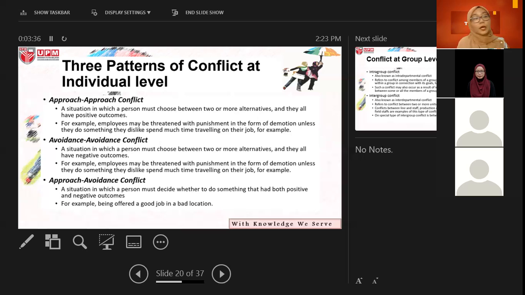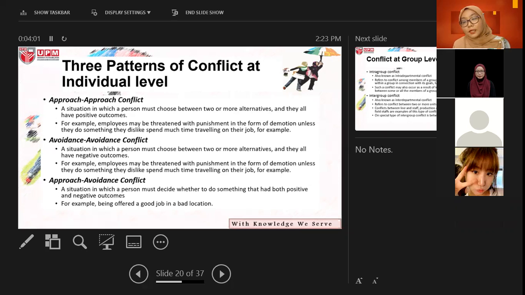The first option, you stay at the current post and current place of work without any salary increment. The second option, you have to be transferred, with some salary increment.